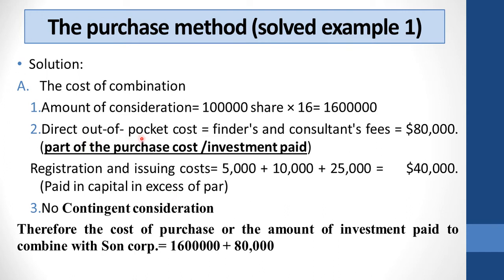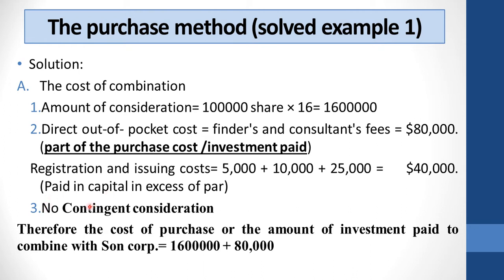The direct out-of-pocket cost will be added to the amount of investment, which equals 80,000 for finders and consultant fees. But other costs paid, like registration and issuing costs, will be considered as paid in capital in excess of par.